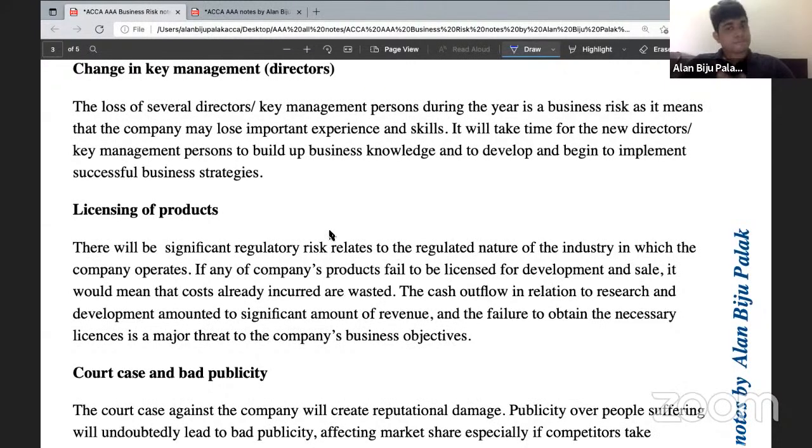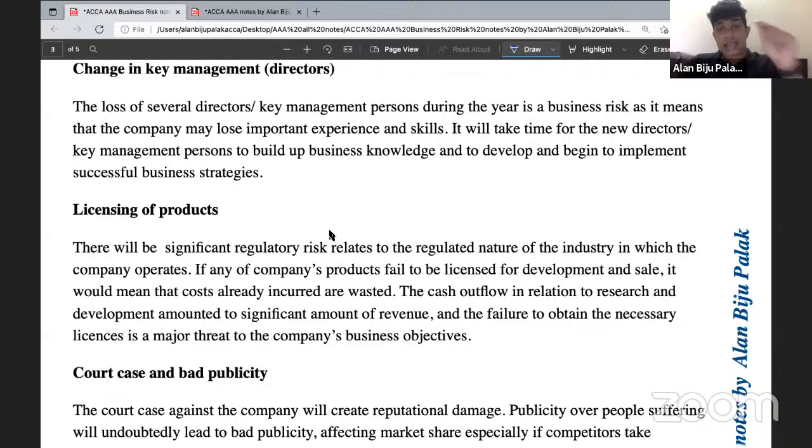Then again, the examiner might be mentioning that the company is operating in a very sophisticated business like a pharmaceutical company. And this business might require a large set of licenses to sell its product. Then in that situation, what we can state there, the company might be having a lot of products that are in research and development stage, and the company might need to get license for these products in order to start the sales procedures.